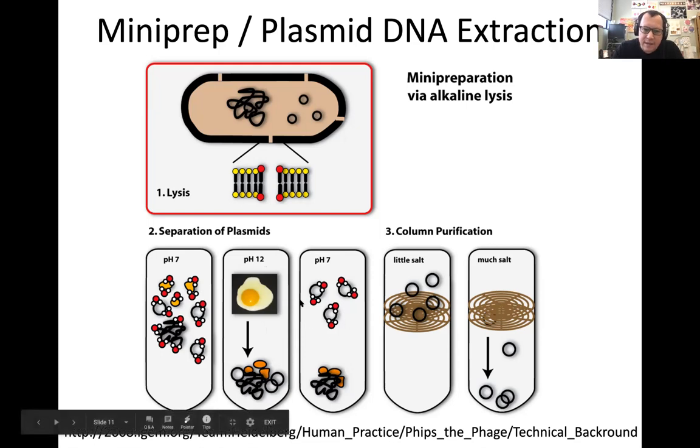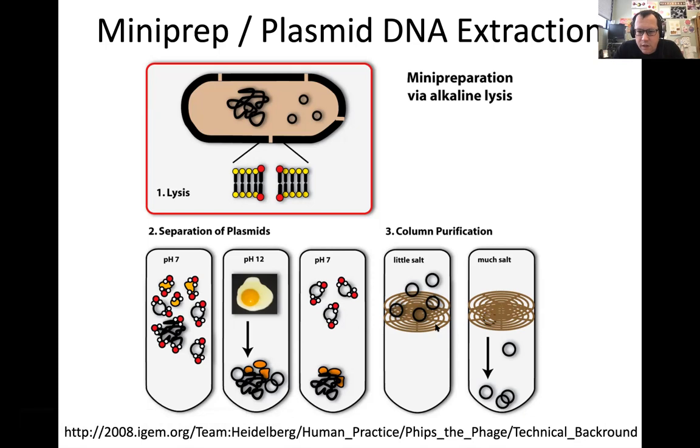And so we take this liquid in the supernatant and we pass it over a silica column. We call it a column. It's a little matrix. Basically, DNA can interact with glass silica in the right amount of salt.